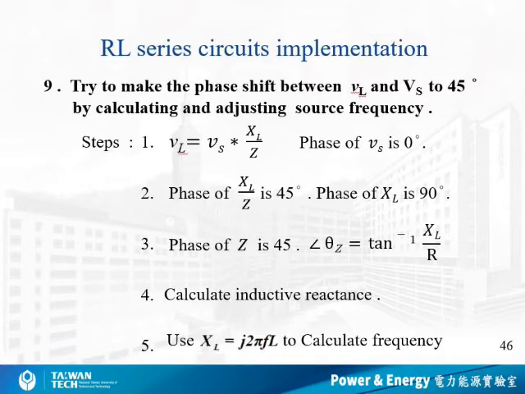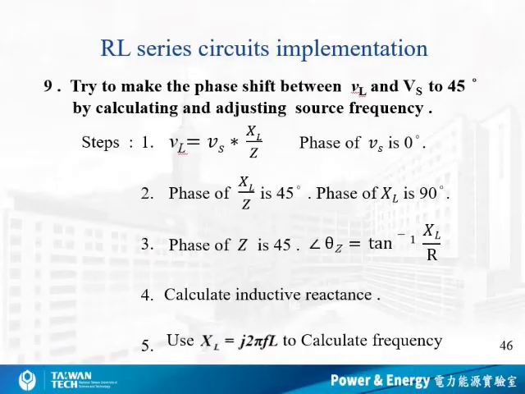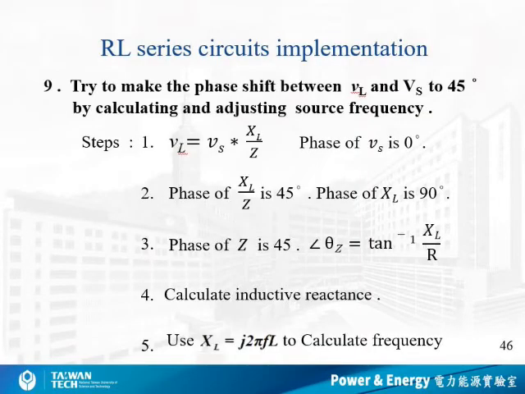Third, we can get the phase of impedance Z, which is also 45 degrees. Here is the step. Then we can use the equation to calculate the reactance. Here is the step. Finally, use the equation to calculate the frequency and you can adjust the source frequency to observe the difference.